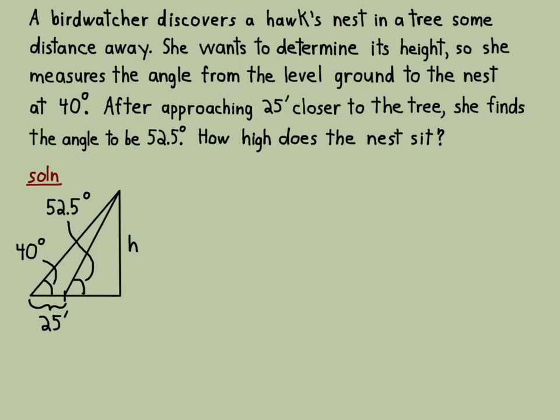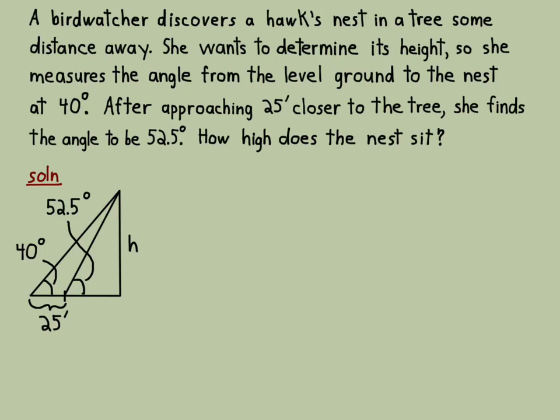Or maybe I have to figure out, I'm probably going to use opposite over adjacent, which is tangent theta, right, with two different thetas. But they're two different adjacent lengths. And one of them is not 25, because opposite over adjacent only works for right triangles.